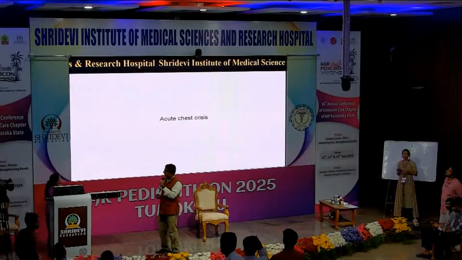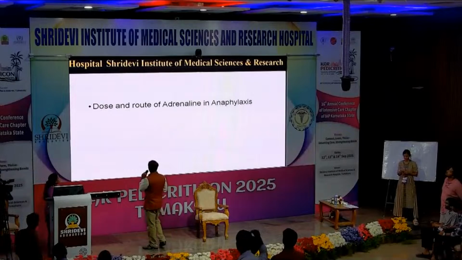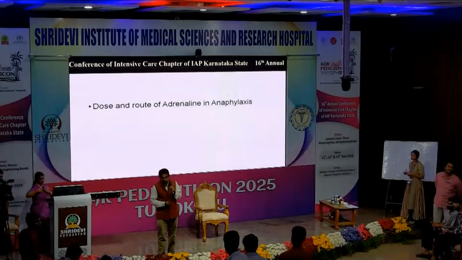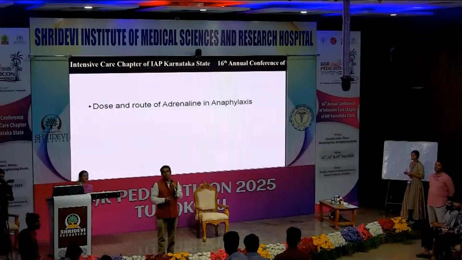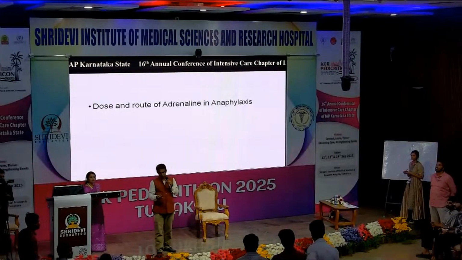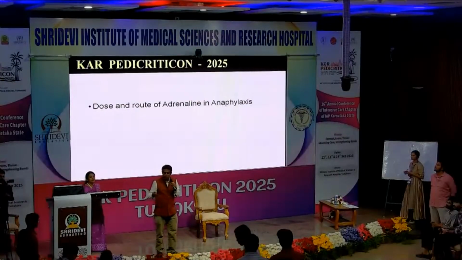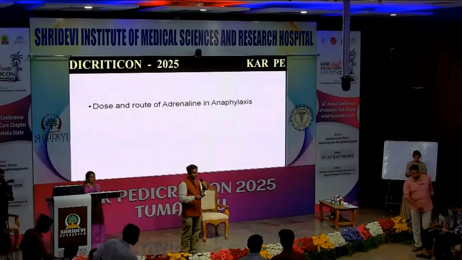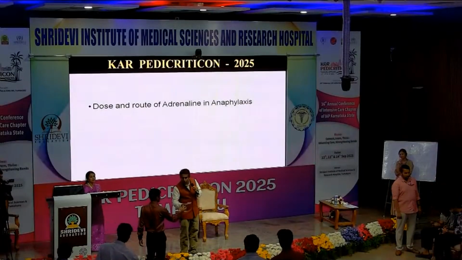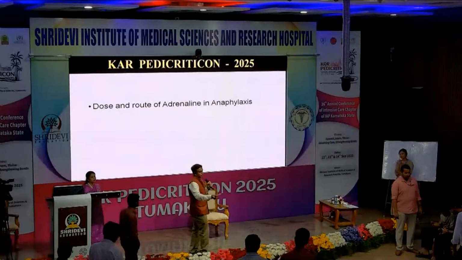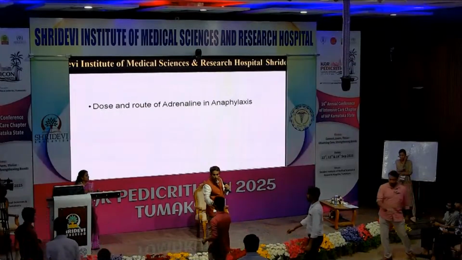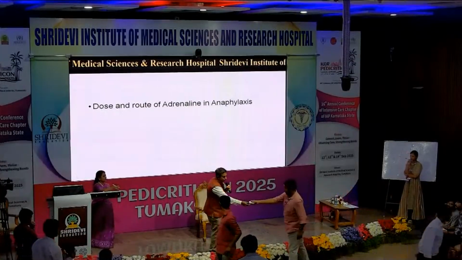You ready? Okay. The dose and route of adrenaline in anaphylaxis: 0.01 ml per kg, 1 in 10,000 dilution. Time up. Others, give your answer, please.